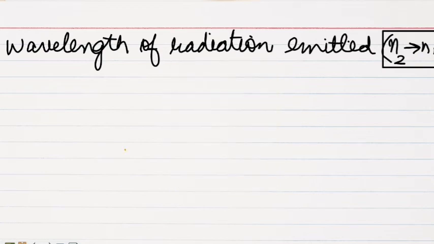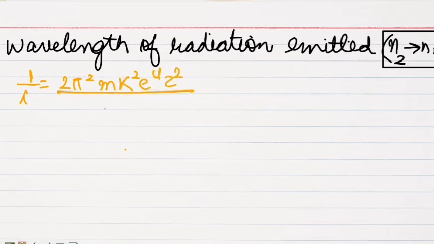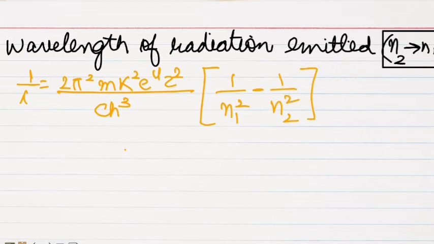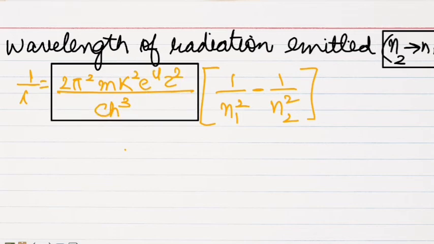We know that 1 upon lambda can be written as 2 pi square m k square e4 z square upon ch cube, and here there was 1 upon n square also, but as the orbits are changing, we will write the final orbit first and then the initial orbit, with their squares in the denominators. Now when we put in the whole value of this, it comes out to be R. What is R? R is the Rydberg's constant.